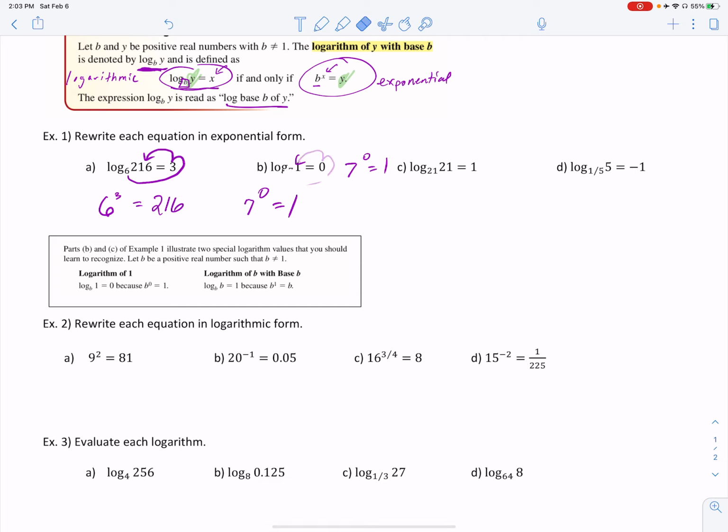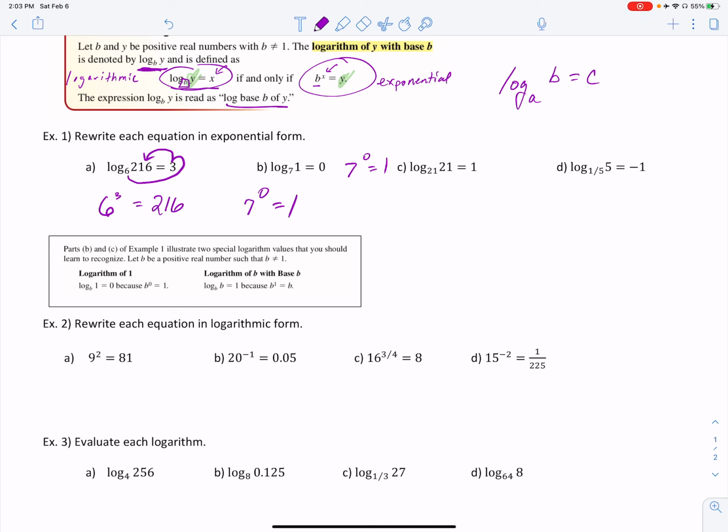So there's some different things to use, but you're going to need to be able to go back and forth because you're going to need to be able to do this abstractly. Instead of just going, I know 6 cubed is 216, or I know 7 to the 0th is 1, you might have something that's a little more abstract.